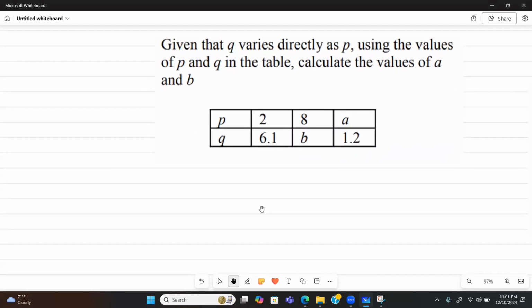So again, what we want to do is to write the formula that will actually control this question. Let's read: given that q, so q is my first variable, it varies directly, so I'm dealing with direct variation as p.